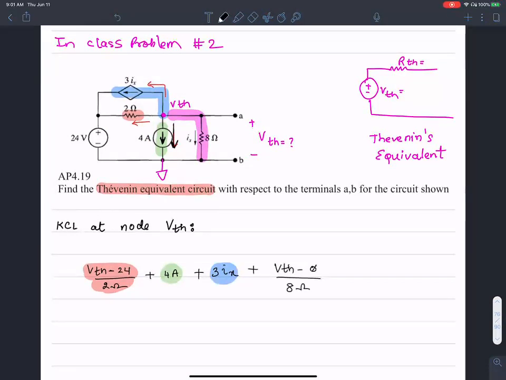All of that equals 0, and this is the current flowing in the purple branch. So there are 4 different branch currents at that node VTH, the ones shown in red, green, blue, and purple, and I have accounted for all of those.